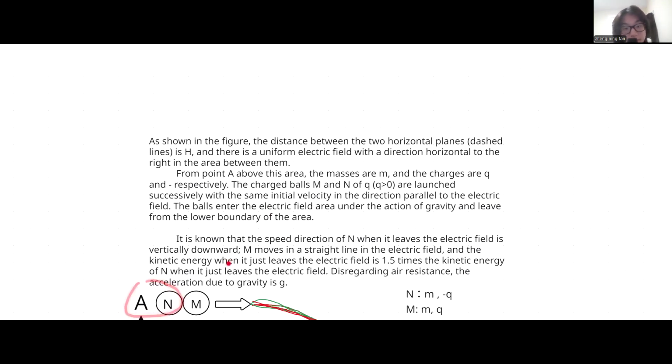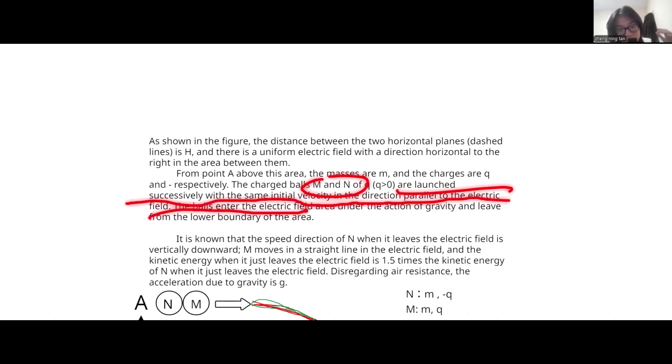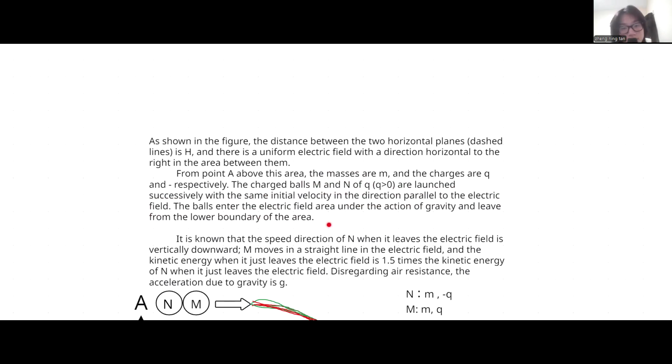the charged balls M and N are launched successively with the same initial velocity in the direction parallel to the electric field. The balls enter the electric field area under the action of gravity and leave from the lower boundary of the area.